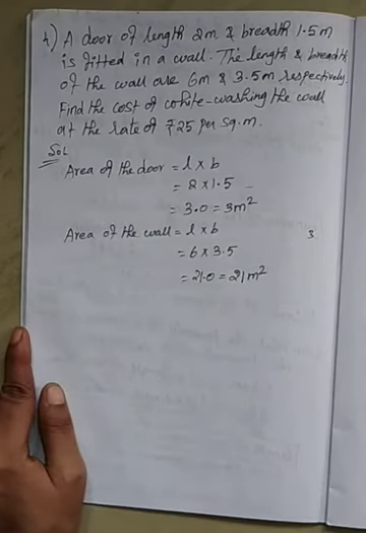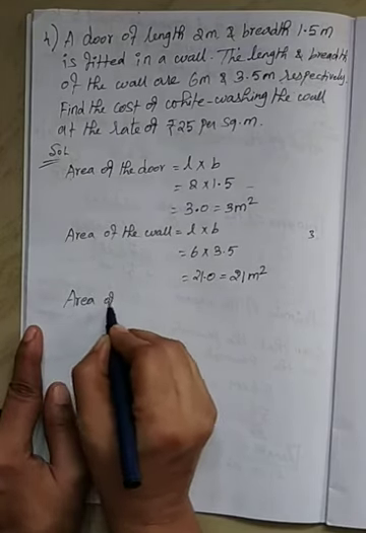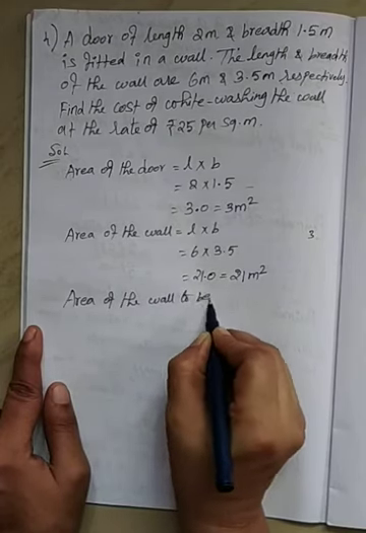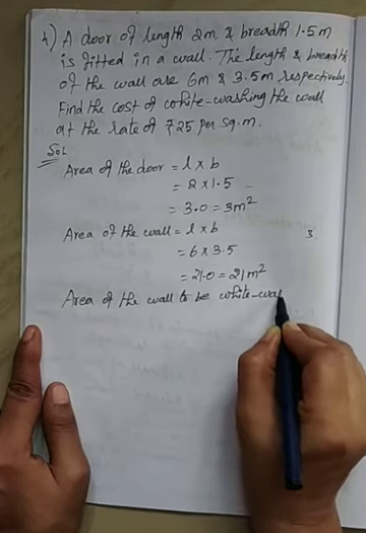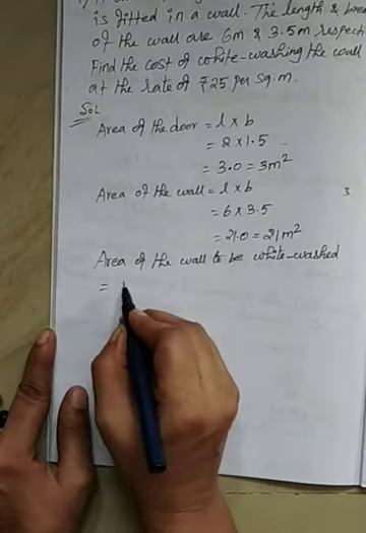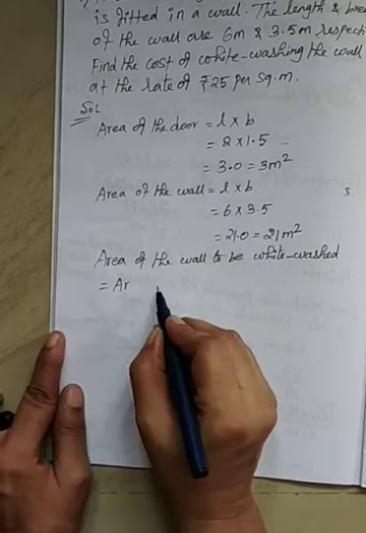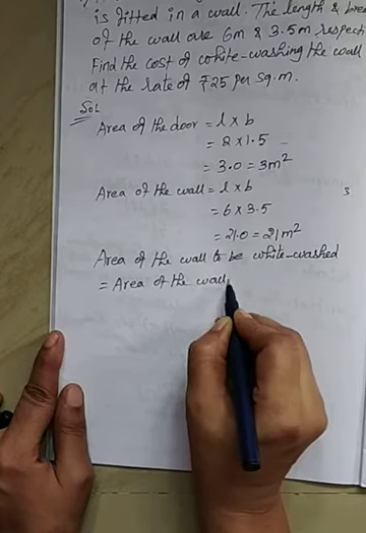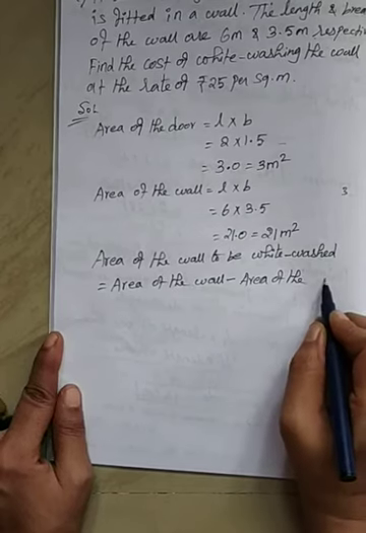Okay, so first you have to write the area of the wall to be whitewashed is equal to area of the wall minus area of the door.